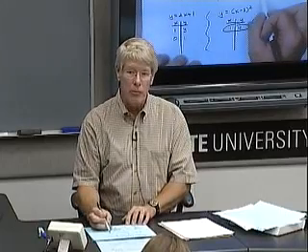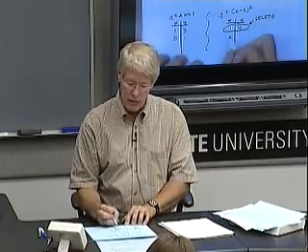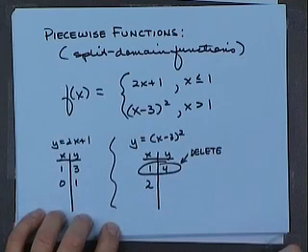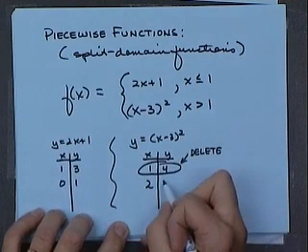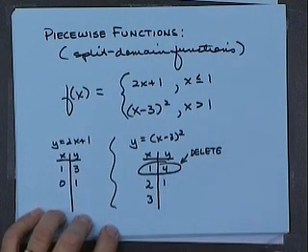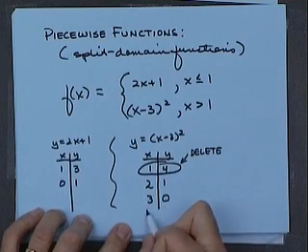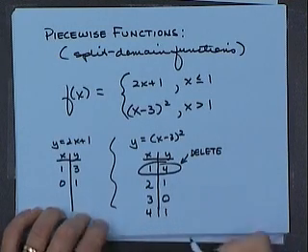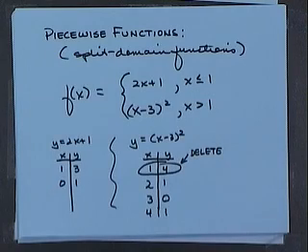Now I can pick values larger than 1. Let's do that. If x were 2, what would we get? 1. If x were 3, 0, and x is 4, back to 1. So we've got this parabola that's shifted 3 units to the right.